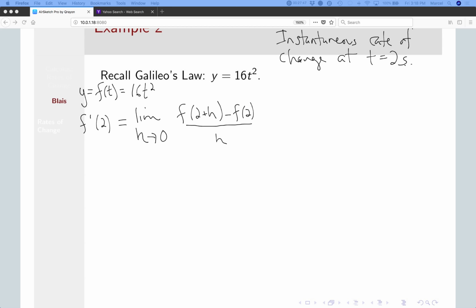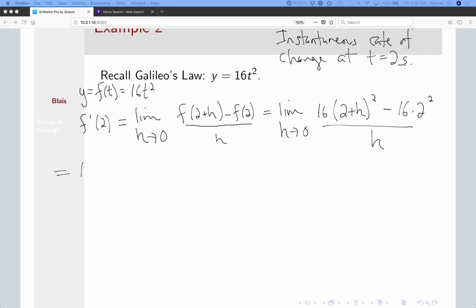Instead of x, we're using t here, but the time at which we're concerned is 2. And 2 is playing the role of x naught. Well, we can actually work this out. This is the limit as h goes to 0. F of 2 plus h will be 16 times the quantity, 2 plus h squared, minus f of 2 is 16 times 2 squared, all over h.